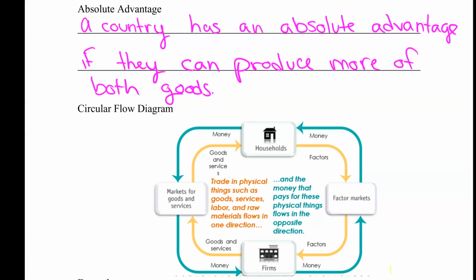So if you're thinking about this side, this is when the consumers buy stuff. This is where the companies make money, so the firms make money, and they're doing that by selling goods. And then that money is going to go into the factor markets, which is the things they need to produce the good.